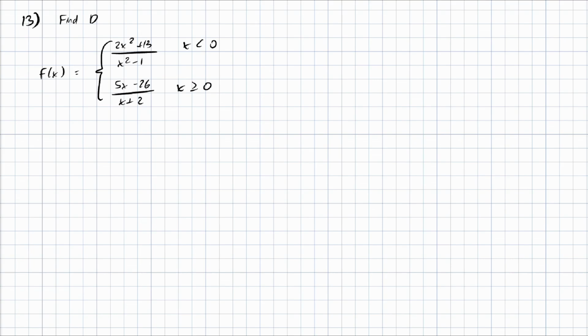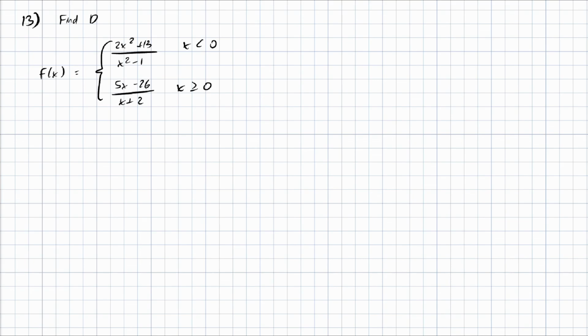So what does this function mean? If I have an x value less than 0, I do the top expression. If I have an x value greater than or equal to 0, I use the bottom one. Find the domain just means, in this case, find the domain of both expressions.